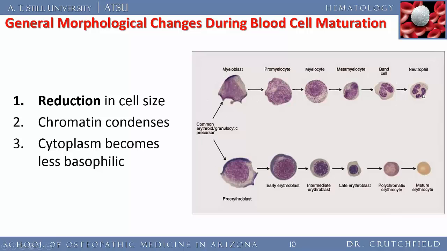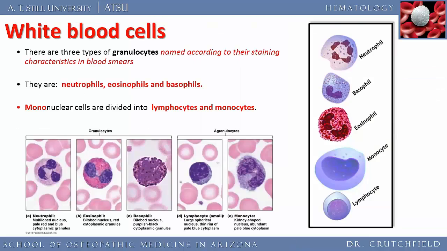They get smaller in size as they mature, and the chromatin, which is all throughout the cell, initially will condense and form the nucleus. And then, of course, the cytoplasm becomes less basophilic. So the cytoplasm becomes less purple in color until eventually we're going to get an erythrocyte, which we know stains somewhat red or pink, depending on whether the patient's anemic or not.